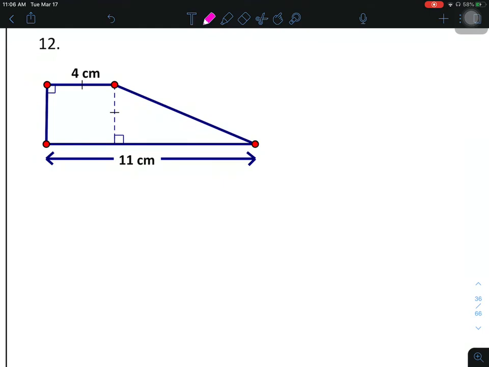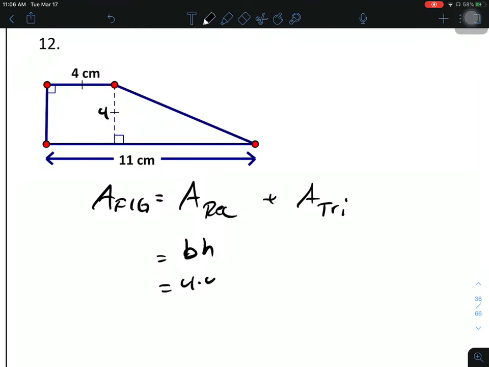We want to find the area of this figure. I'm going to break it down into the area of a rectangle plus the area of a triangle. This rectangle has dimensions 4 by 4, which is 16. The triangle, which is 1/2 the base times the height.